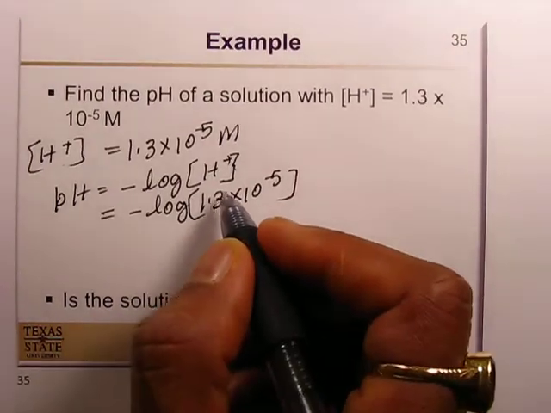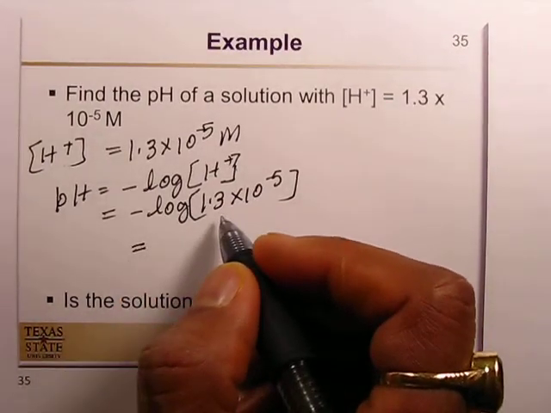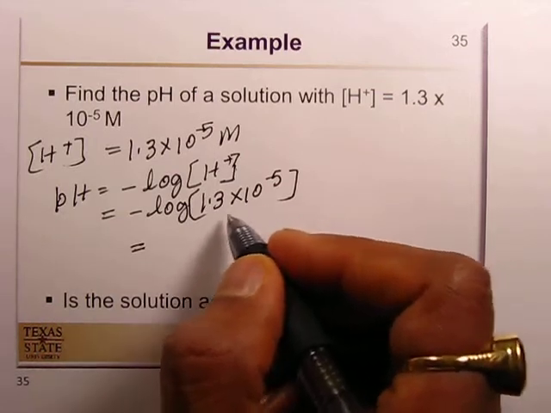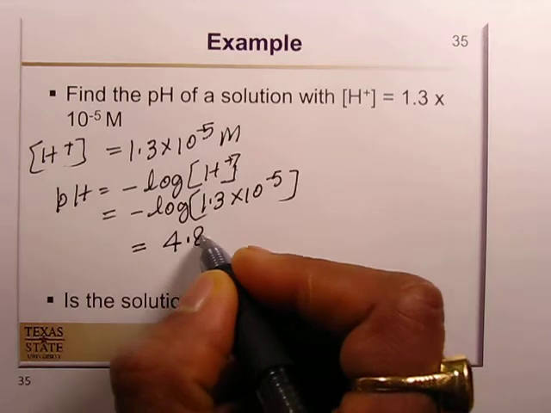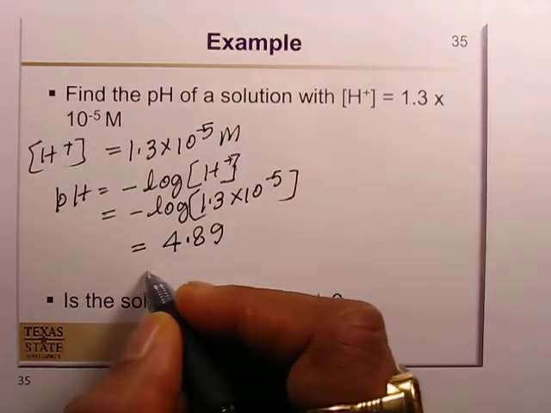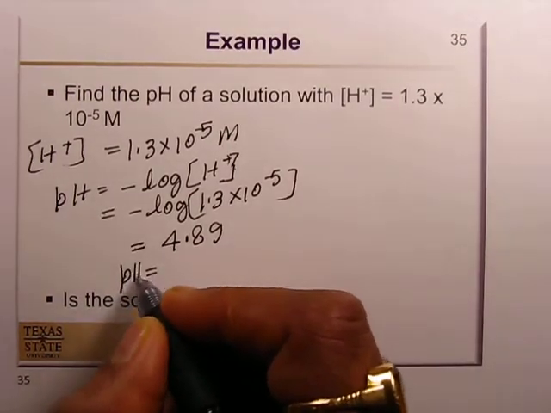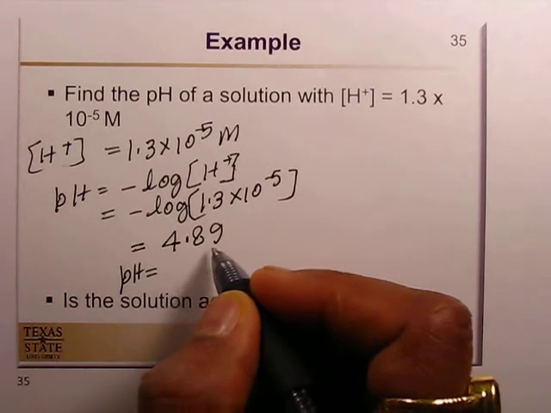When we take a negative log of the hydrogen ion concentration in the calculator, the value will come 4.89, so pH will be equal to 4.89.